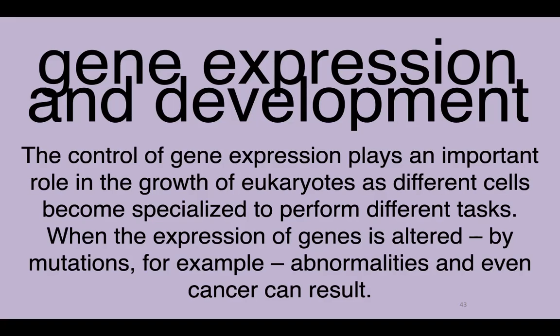So at different points of development, you're going to have different genes being turned on and off, meaning that they are expressed, or not expressed, which means you're going to be making different proteins at different points of development.